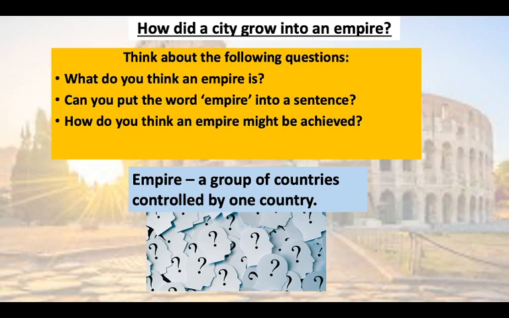It was only a couple of decades ago that Britain stopped being an empire. So, in a sentence, you could say that Britain used to be an empire, which formed the British Empire, and countries such as India, Australia, Canada, New Zealand, they were part of the British Empire.